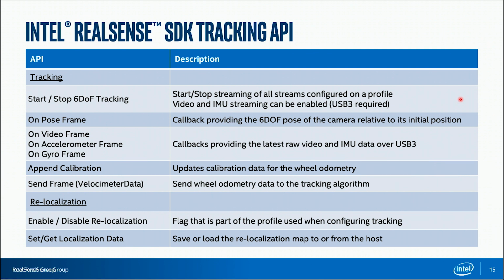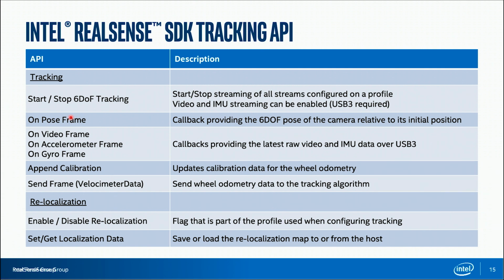And this is the API. It is part of the RealSense SDK, as I mentioned. These are the functions that apply to the tracking module. As you see in the second one, this is the pose frame, that is the output of the algorithm, and it is implemented as a callback and can be read at 200 hertz and used for control or other applications.